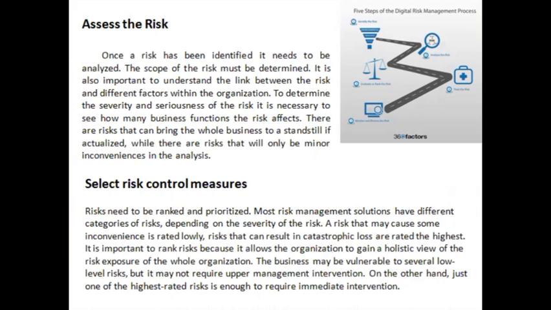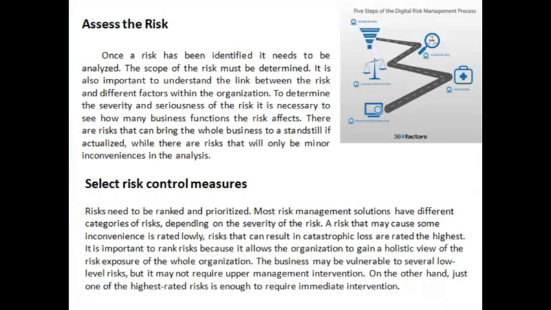Next, prioritize the risks. Risks need to be ranked and prioritized. Most risk management solutions have different categories of risk. Depending on the severity of the risk, a risk that may cause some inconvenience is rated lowly. Risks that can result in catastrophic loss are rated the highest.